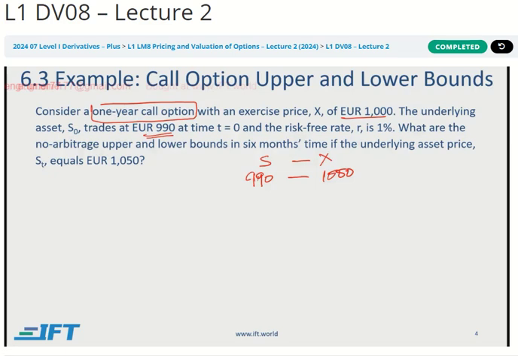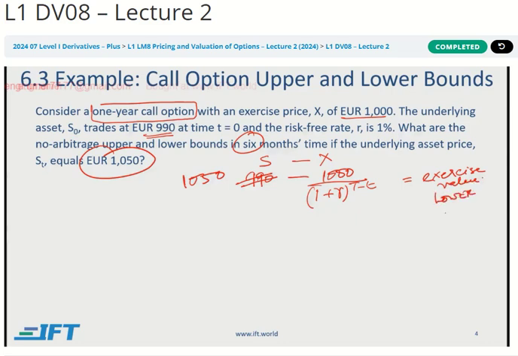If the spot price has now gone up to 1050, naturally this is in the money, but how many months are left? 6 months are still left, so we will need to bring this back to today, which is big T minus small t, and this will be the exercise value, which will provide the lower bound, and the upper bound will be the stock price itself, which is 1050.